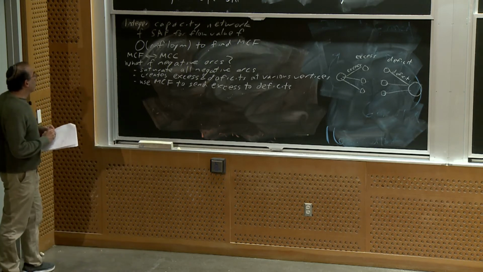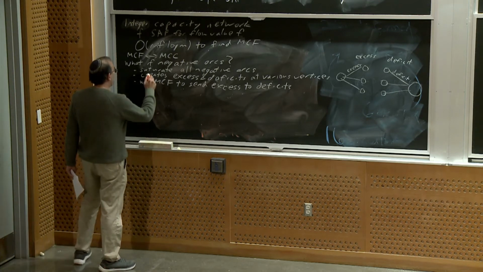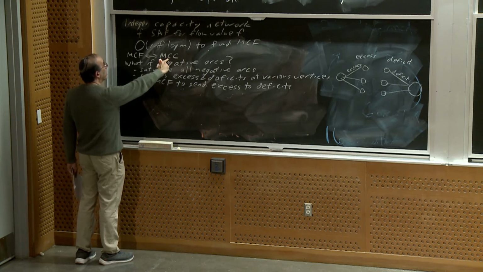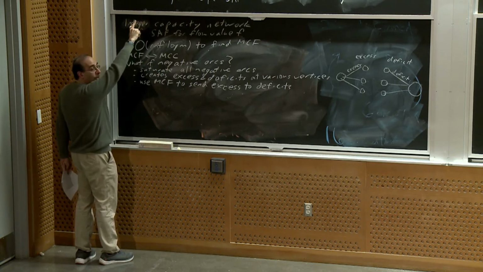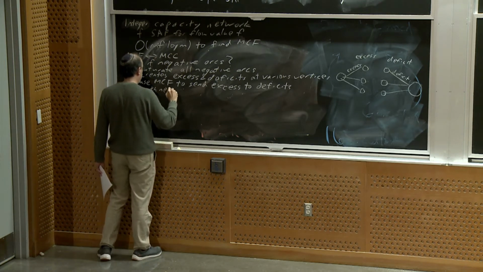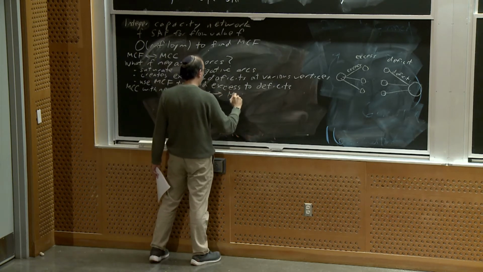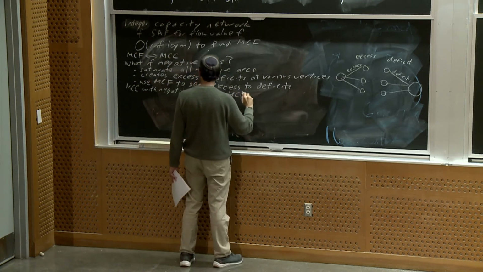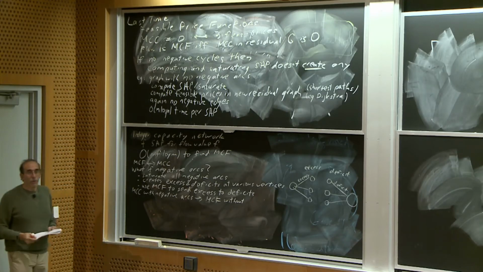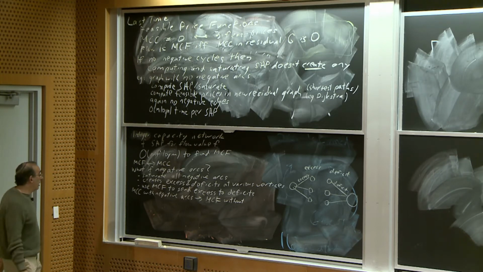So now that we have this, we can use this technique to reduce a min-cost circulation problem that has negative arcs to a min-cost flow problem without negative arcs, right? And so we know how to solve that min-cost flow problem once we've gotten rid of the negative arcs.